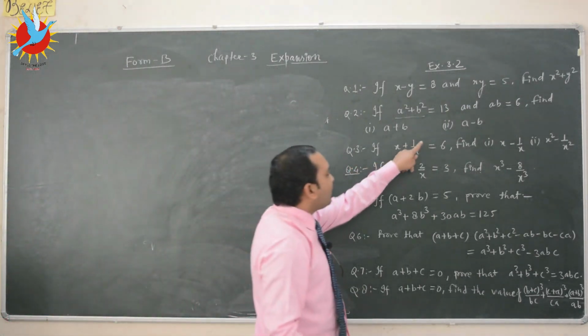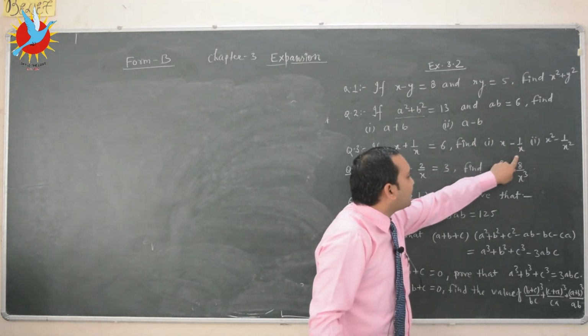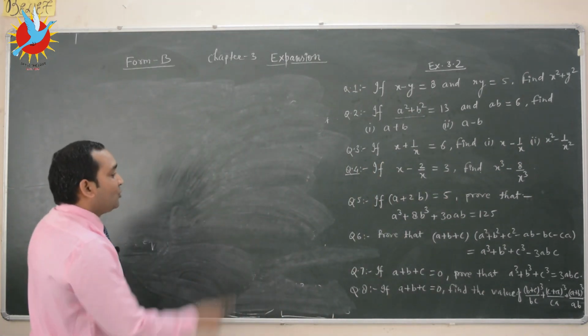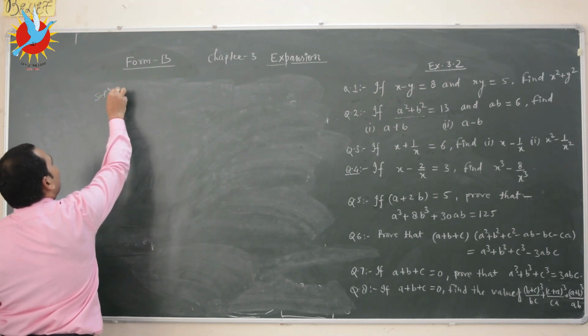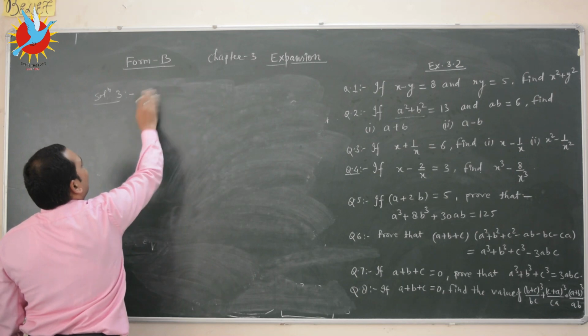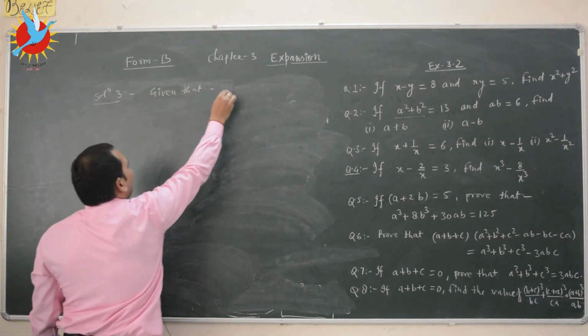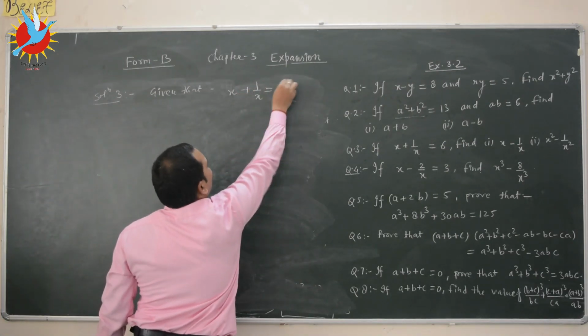If x plus 1 upon x is equal to 6, find x minus 1 upon x and x square minus 1 upon x square. So given here in question number 3, x plus 1 upon x is equal to 6.